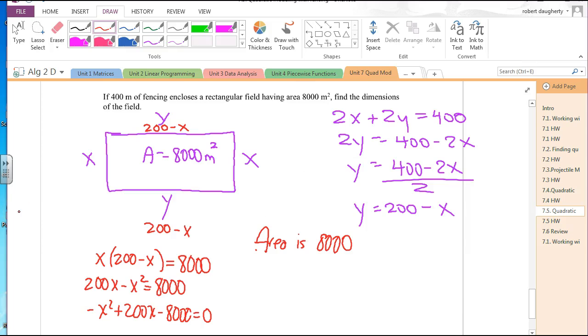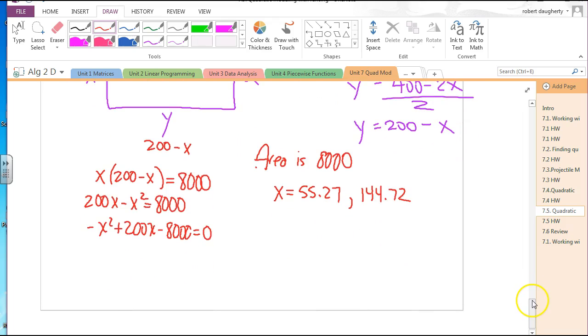55.27. And what was it? 144.72. Okay. So in that case, my dimensions, I've got two different choices here. So I've got 55.27 times 200 minus that, or I could have 144.72 times 200 minus that. So I'm going to have two choices here.